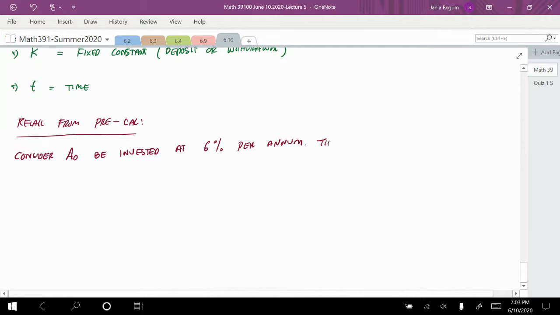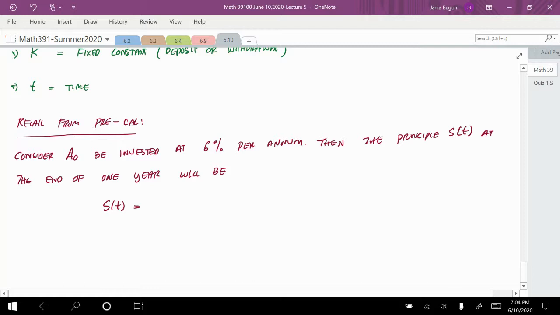Then the principal S of t at the end of 1 year will be, so think of it this way.